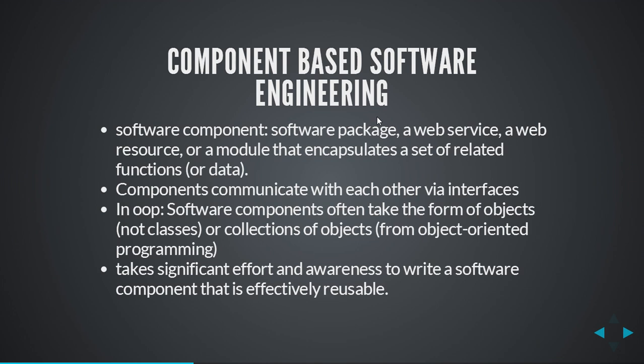It takes significant effort and awareness to write a software component that is effectively reusable. If we want to effectively reuse components, then extra effort has to be put in so that the components we write and store are effective and really usable in further projects.